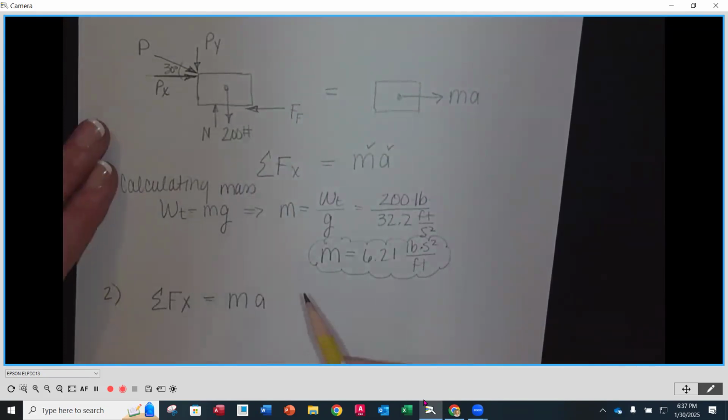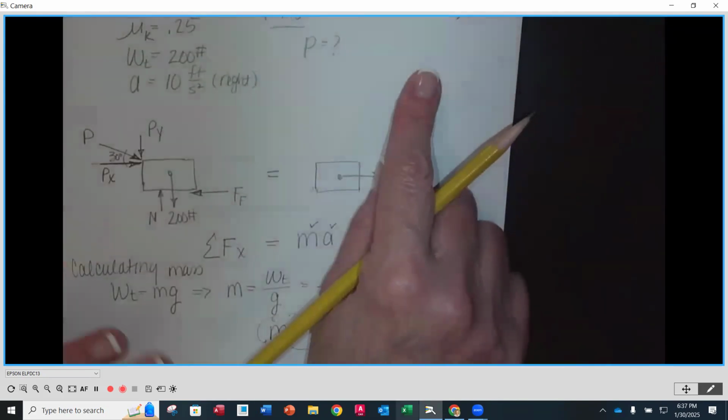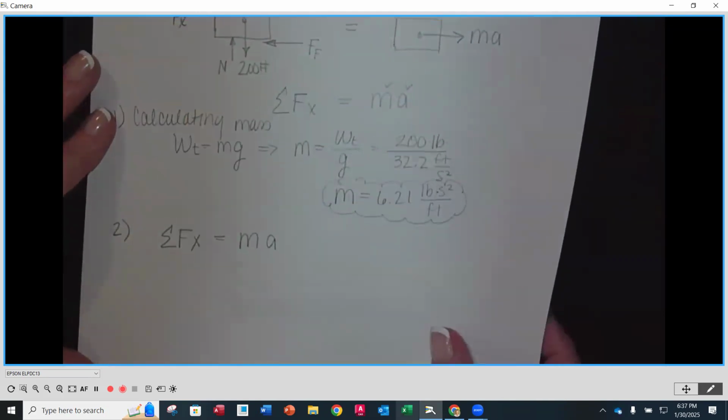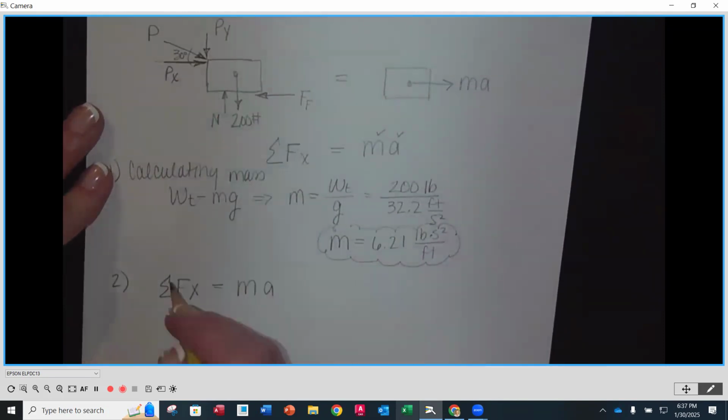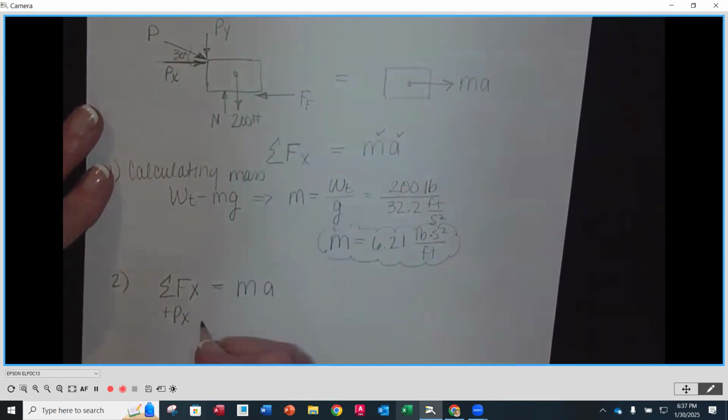So we know that we've got a Px. Now, according to our convention up here, we know that going to the right is positive. So our Px is going to the right, so this is going to be a positive Px. And then the other force that we have is the friction force, and that's going back to the left. So that's going to be a negative Ff.